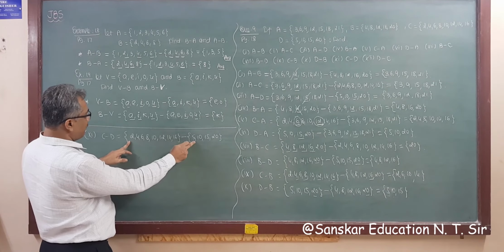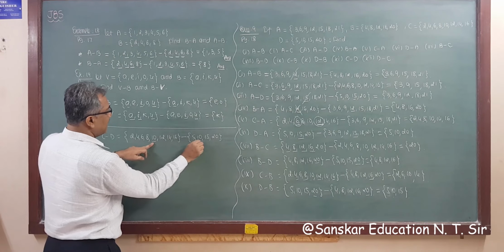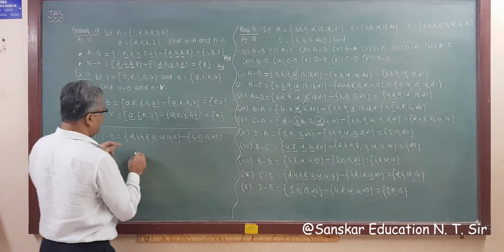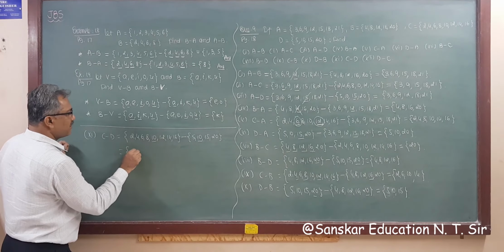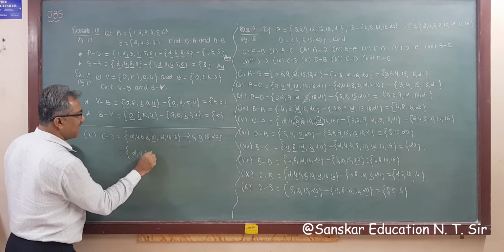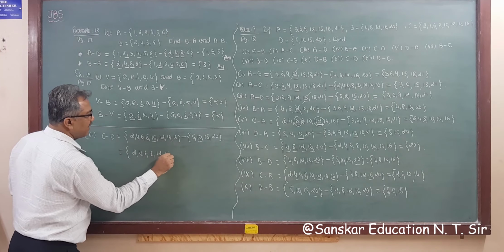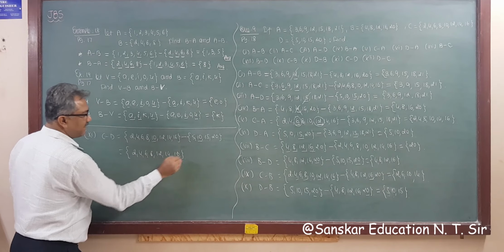Okay, common elements: 5, no; 10, yes, 10 is there; 15, no; 20, no. So the answer will be 2, 4, 6, 8, 12, 14 and 16. Right?